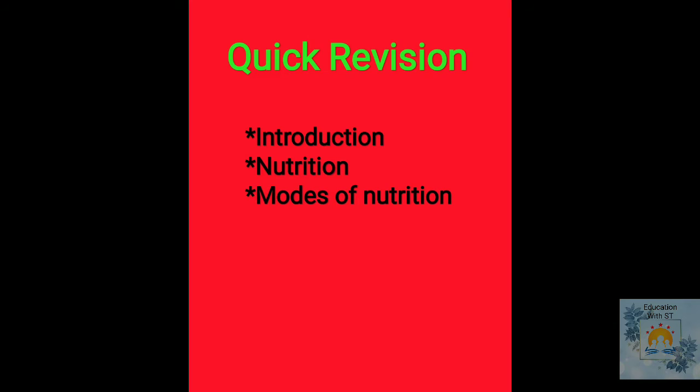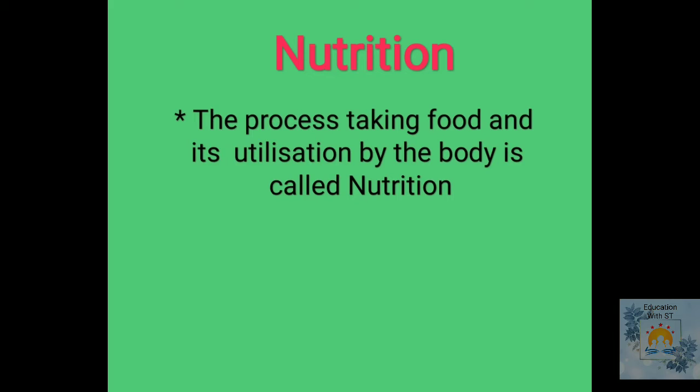So in part 1, as you have seen, we have covered introduction, nutrition and modes of nutrition. In this class let's see what we are going to do, but first let us revise these topics. After introduction we have learned nutrition, and that the process of taking food and its utilization by the body is called nutrition.